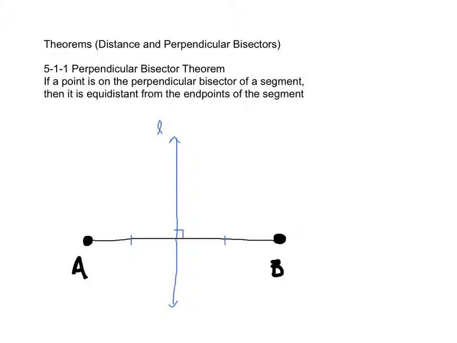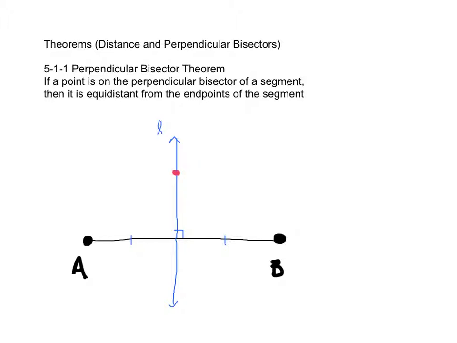What our theorem says is that we can choose any point on this blue line, choose any point on the line L, and it will be the same distance to A that it is to B. An example of that would be to choose a point, let's say, right there. It's on our blue line.